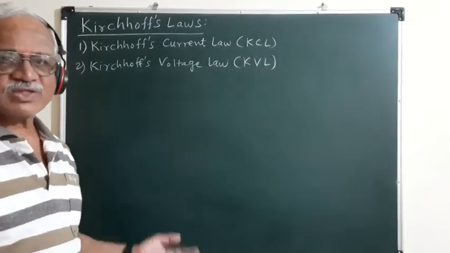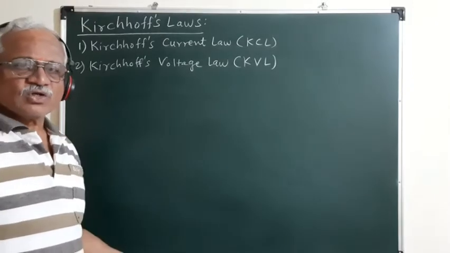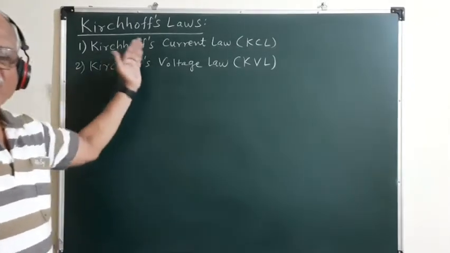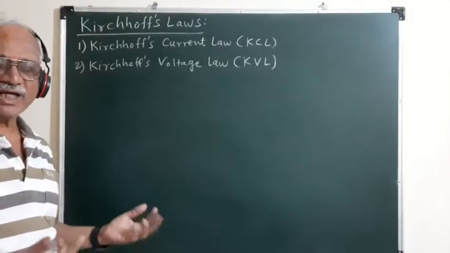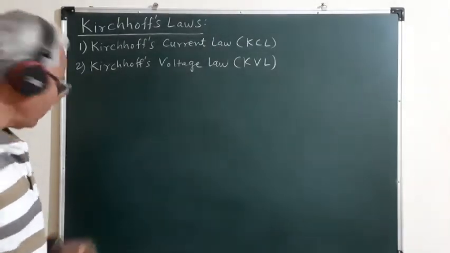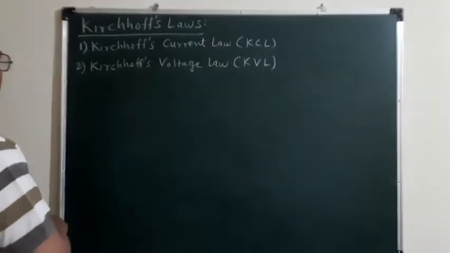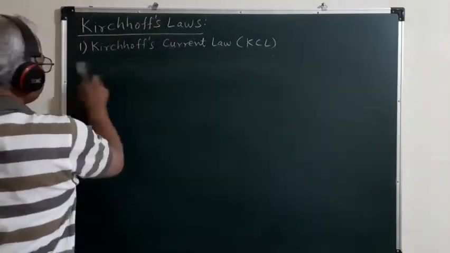So for that purpose, we have to make use of Kirchhoff's laws. Out of these two laws, let us study them one by one. So let us see first what is Kirchhoff's current law.